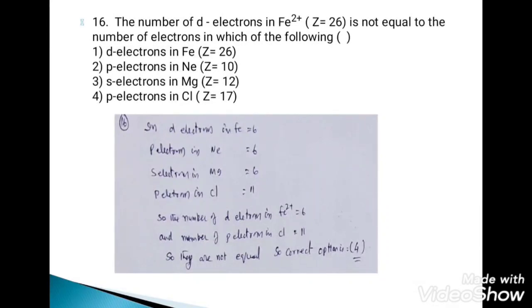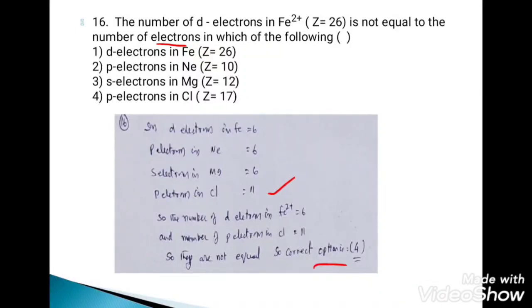So as per the information given in question number 16, in each option we have to find out the number of electrons in each orbital. Only in chlorine, the number of p electrons is 11, which is not equal to the number of d electrons in Fe2 plus.